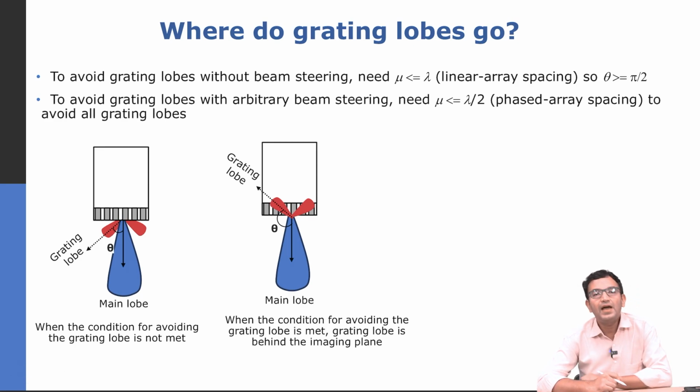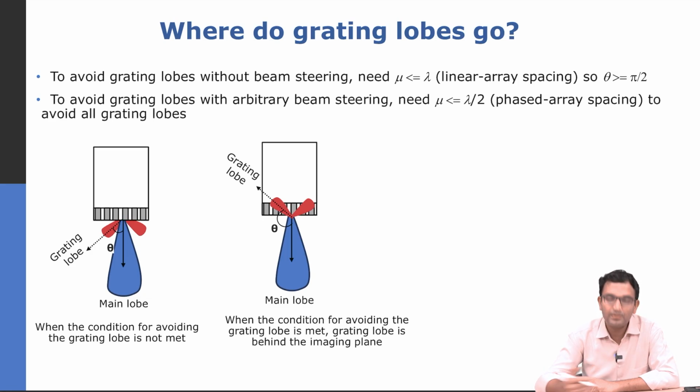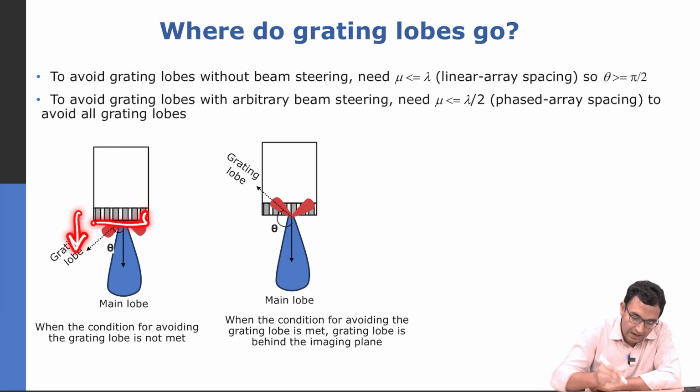Now if I follow the criteria where I choose a pitch which is less than lambda for linear array and less than lambda by 2 for phased array, what happens to the grating lobes? One can argue that sin theta, sin being a periodic function, there will be some constructive interference beyond the main lobe, right. So where do the grating lobes go? It turns out that if you undersample, the grating lobes point forward. So essentially my transducer is this and it is imaging in this direction.